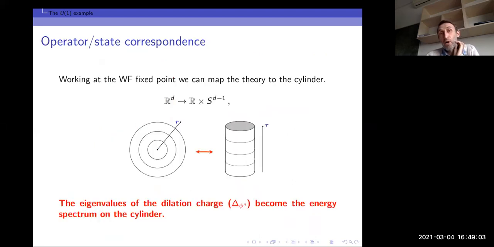So I have a couple of slides about operator state correspondence, but you all know, of course, the main point of this is that working at the Wilson-Fisher fixed point will basically map our theory to the cylinder, from the plane R^D to the cylinder, and the point is that the eigenvalues of the dilatation charge, which are our conformal dimensions delta phi n that I mentioned, which we are trying to compute, will be mapped to the energy spectrum of the cylinder, which are the eigenvalues of the Hamiltonian on the cylinder.